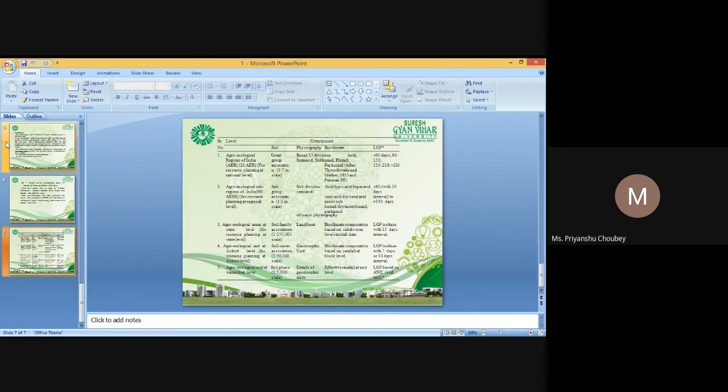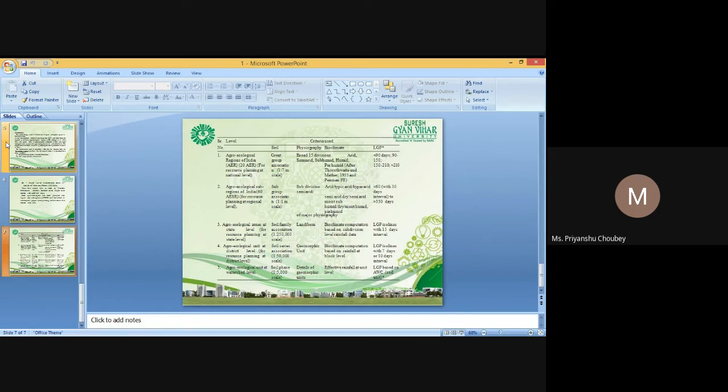Precipitation is less than 300, PET 1500 to 1000, and length of growing period less than 90 days. Major crops are millets, fodder, and pulses.